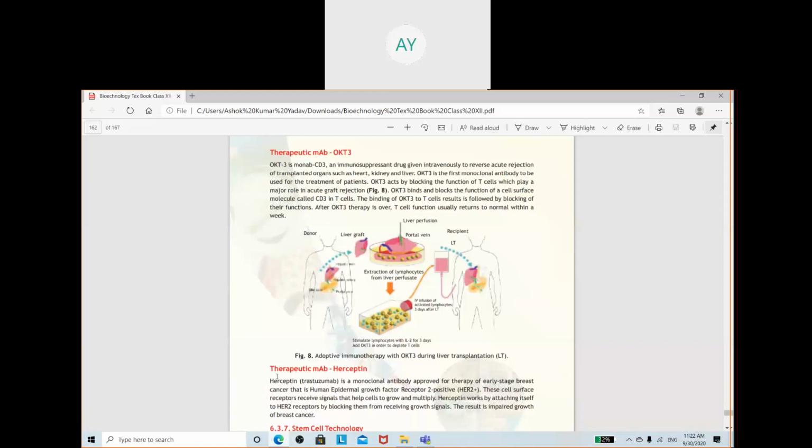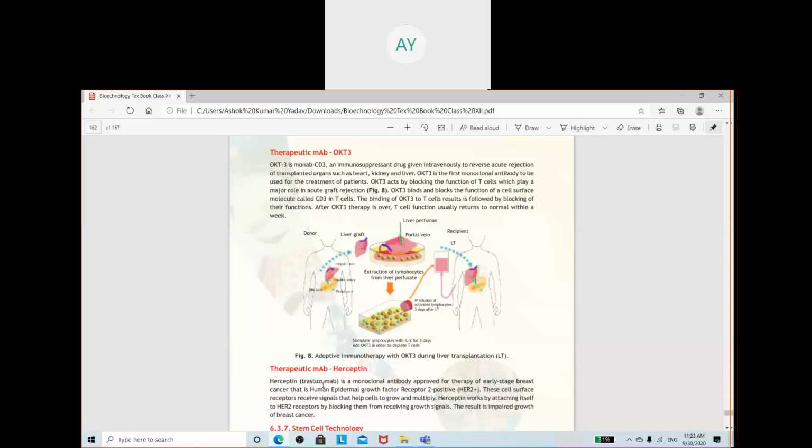What is the name of Herceptin? It is trastuzumab, a monoclonal antibody for therapy of early stage breast cancer. So it is helpful for treatment of breast cancer when it is in the early stage.